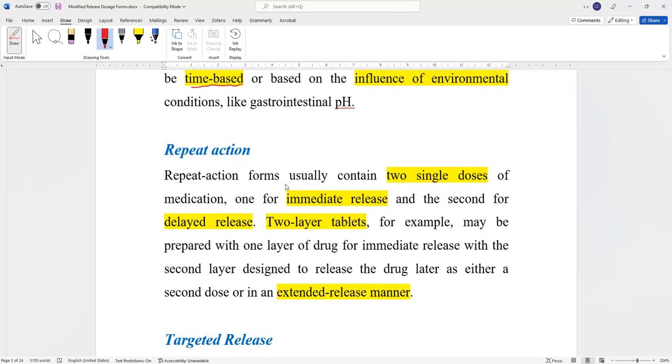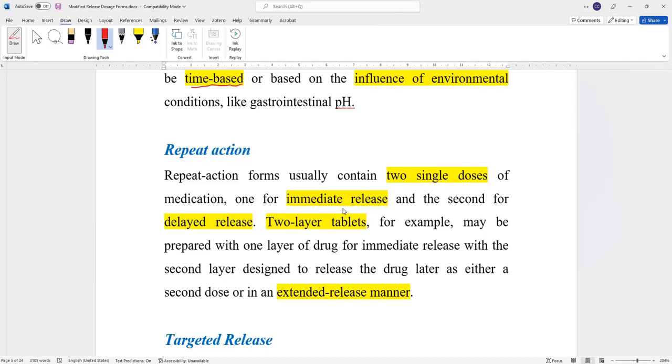One is for immediate release, meaning as soon as you swallow it the drug will start to be released, while the second one gets released after some time, let's say after 4 hours.